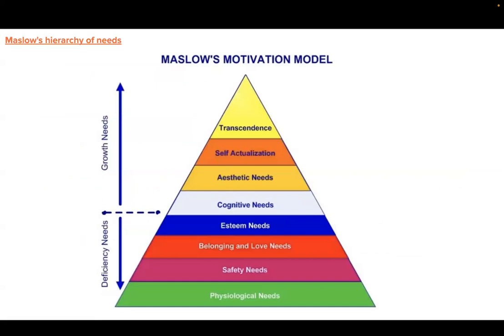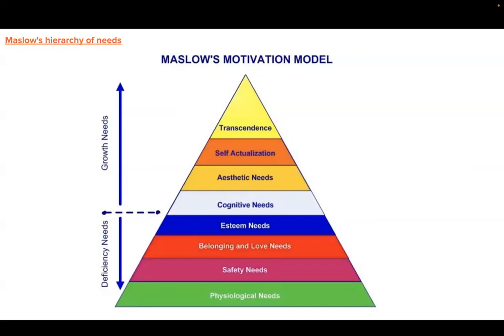And here's, as a reminder, also Maslow's motivation model, or Maslow's hierarchy of needs, for which you can find a lot of literature and also some updates. This was Maslow's model, and it has been updated afterwards.